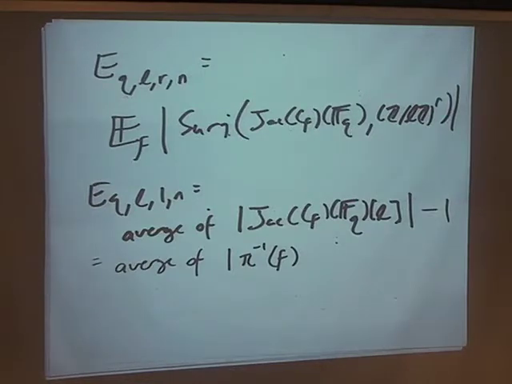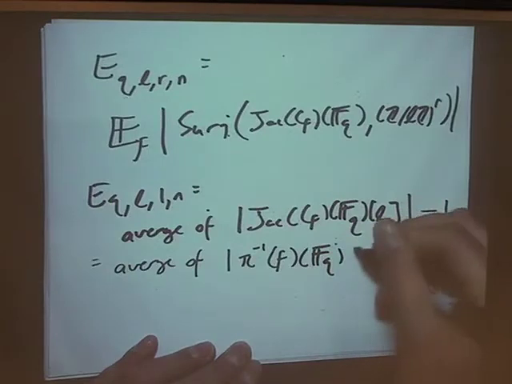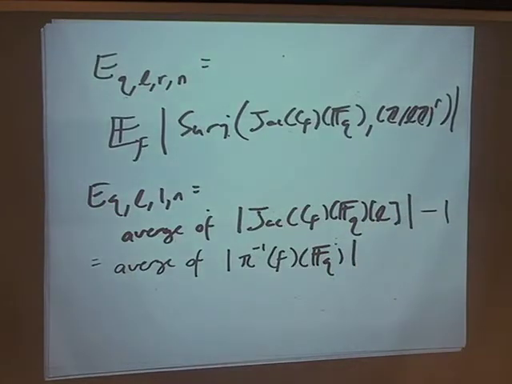I said it's a map of degree L to the 2g minus 1, so over the algebraic closure, I get L to the 2g minus 1 points, but they may be permuted by Frobenius every which way, and the things I'm trying to count are the fixed points for Frobenius acting on this space, the ones which are actually defined over F_Q. So this is the average of how many F_Q points there are in the fiber, but then that average is just the number of points on this variety divided by the number of points on this variety. That's what it means to take the average number of points per fiber.